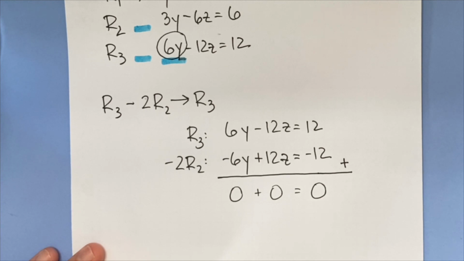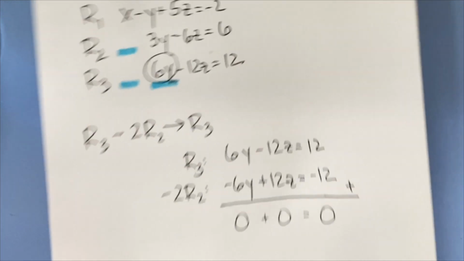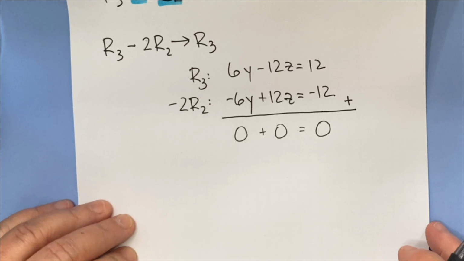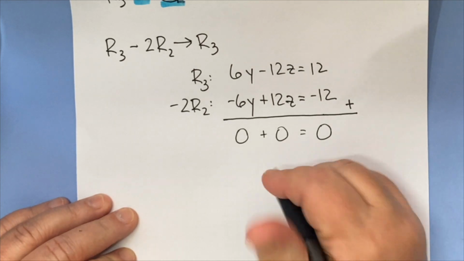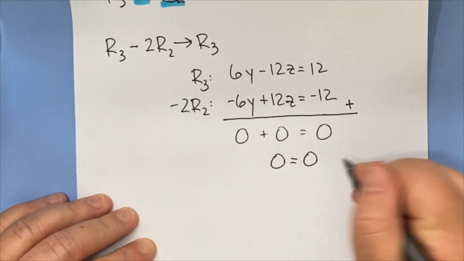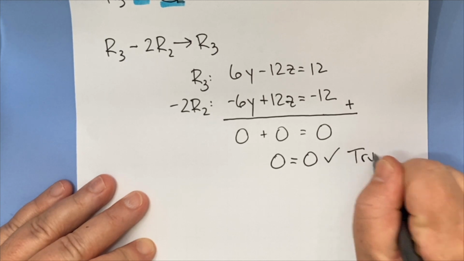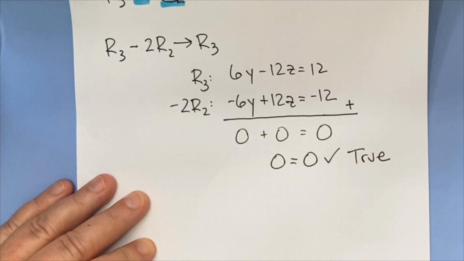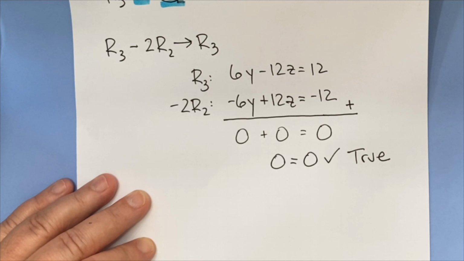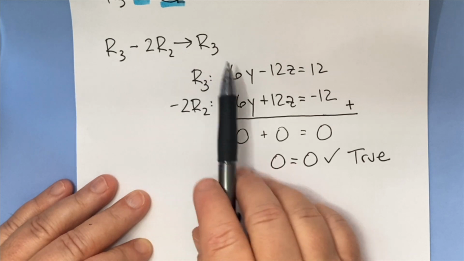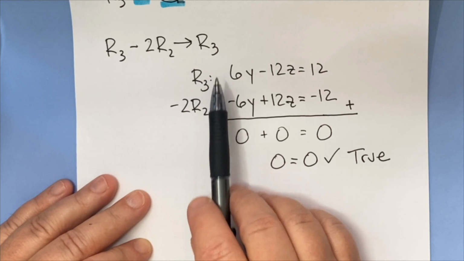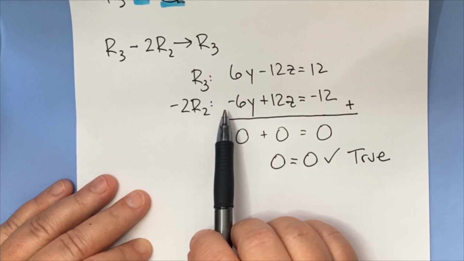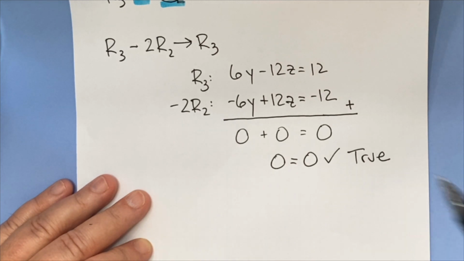Now, here's where things get interesting. Is this true or false? Well, I think 0 equals 0 is true, right? This is absolutely true. And so what's happening here is that we're finding out that we've got 2 pieces of information that are actually matching up.